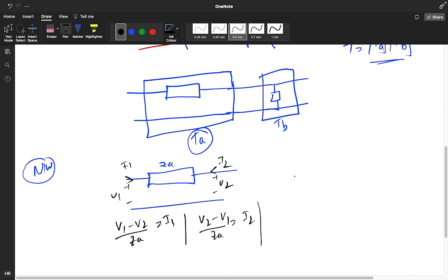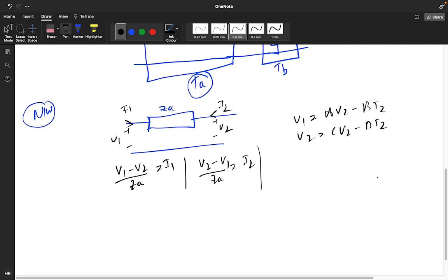What is the general equation of a two-port network? V1 is equal to A V2 minus B I2, and I1 is equal to C V2 minus D I2. So make it in this form for V1. If you make it in this form, you will get V1 minus V2 is equal to I1 into ZA.